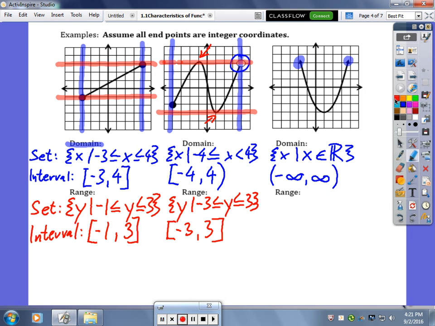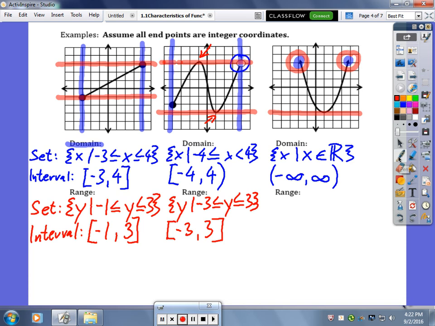Our range is a little different. If we look at our range, then we see that our lowest value is up here. But then again, the arrows go up. Actually, both arrows go up all the way. And so there's no greatest value.